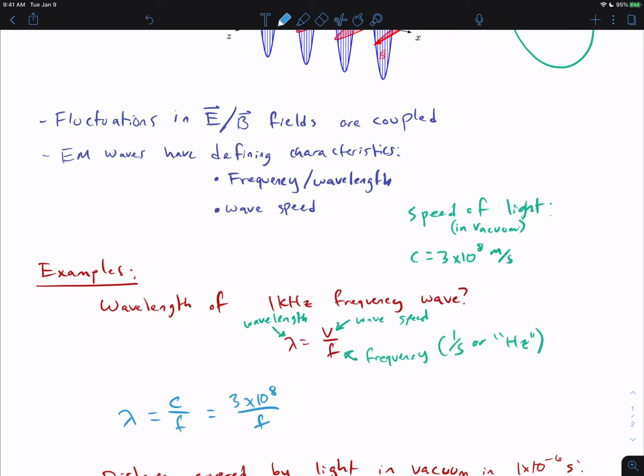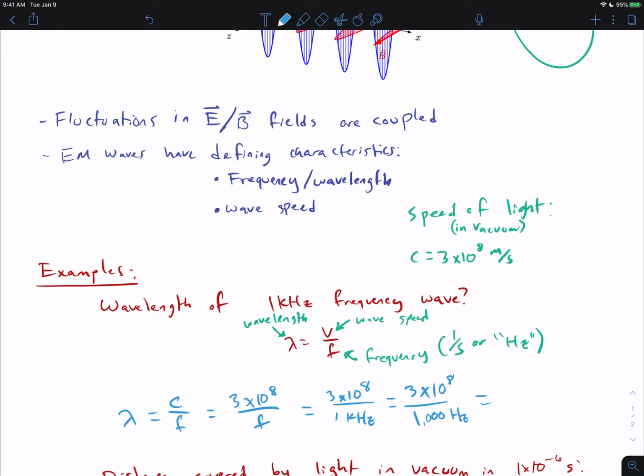All we need to do is write out this formula with 1 kilohertz, which, remember, we have to always convert to our standard units. This will be 1000 hertz once I've converted from kilohertz to hertz.